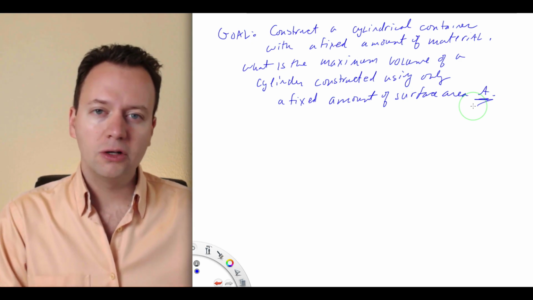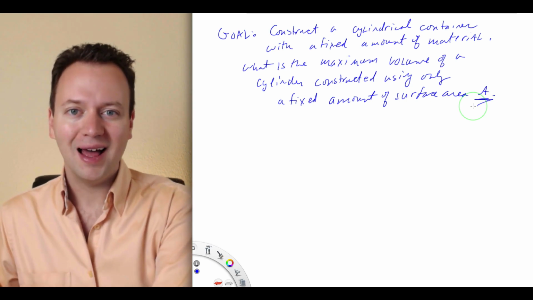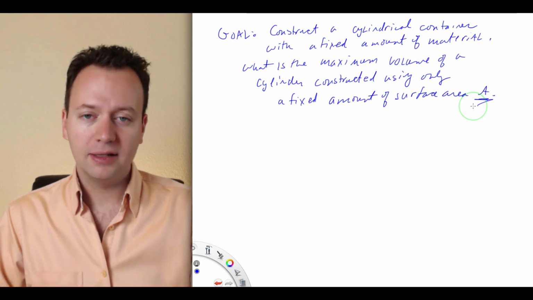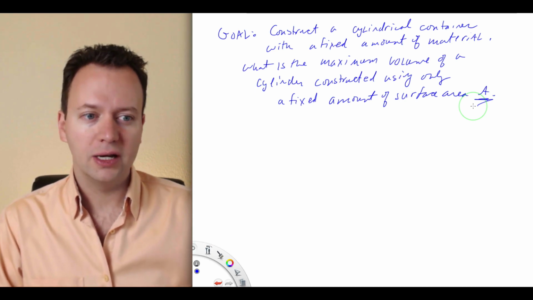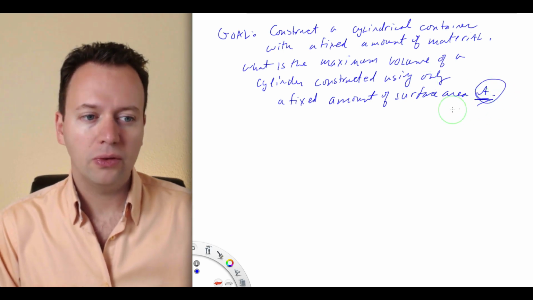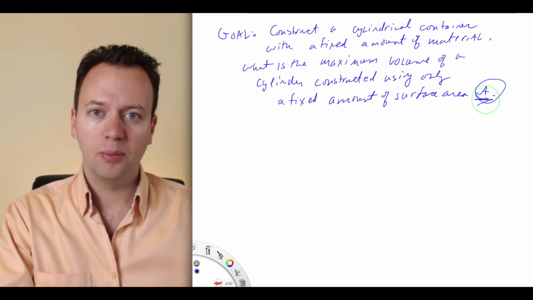So you would find yourself solving the same problem 100 different times if you have 100 different values of A. Instead, and this is a very common technique used in engineering, we solve the problem once, treating A as a constant, and A is called a parameter.